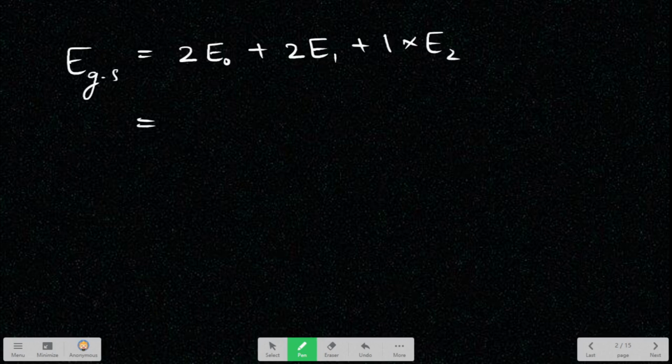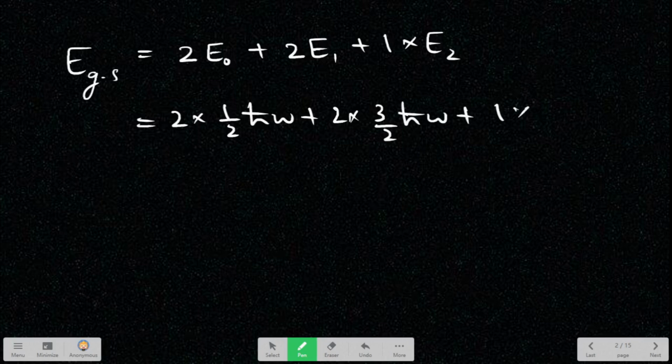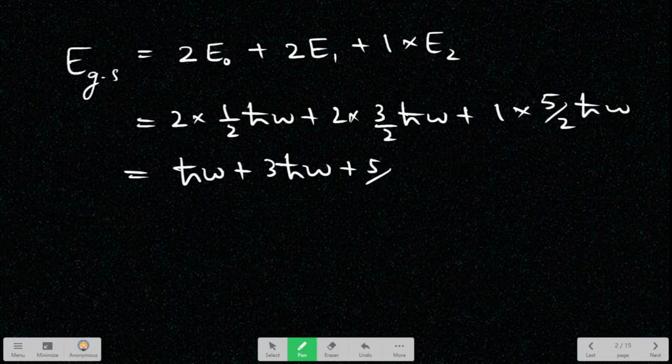So this is equal to 2 times 1 by 2 h cross omega plus 2 times 3 by 2 h cross omega plus 1 times 5 by 2 h cross omega. This is equal to h cross omega plus 3 h cross omega plus 5 by 2 h cross omega. This is equal to 13 by 2 h cross omega.